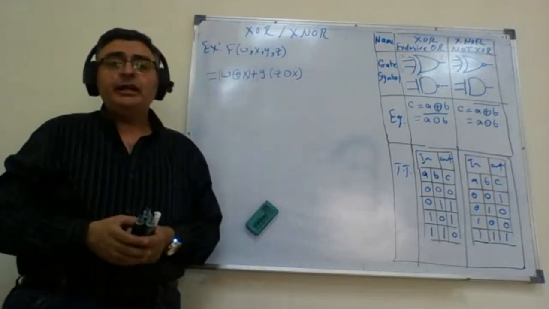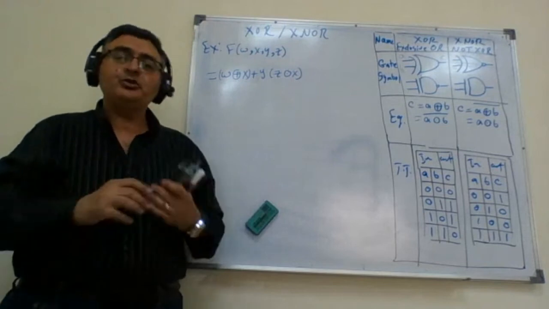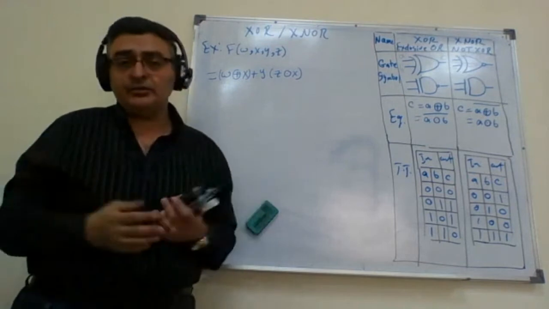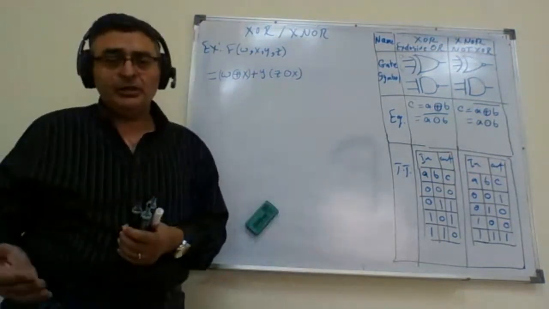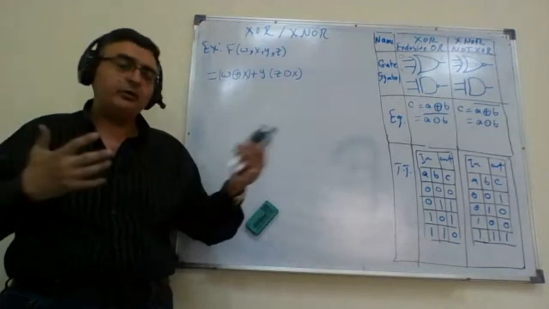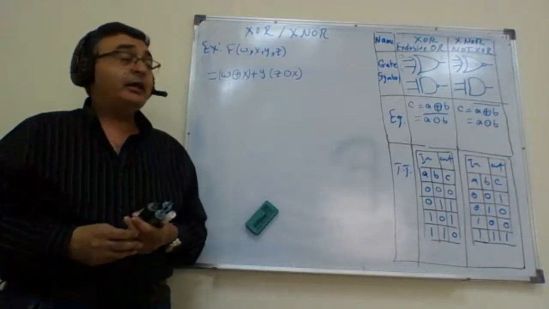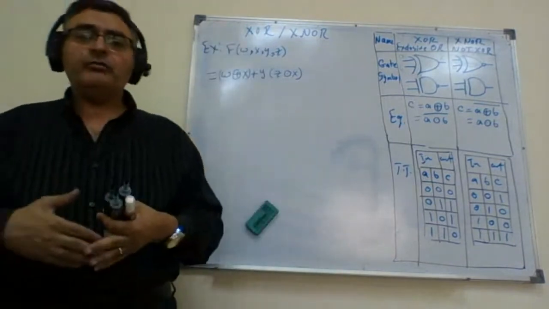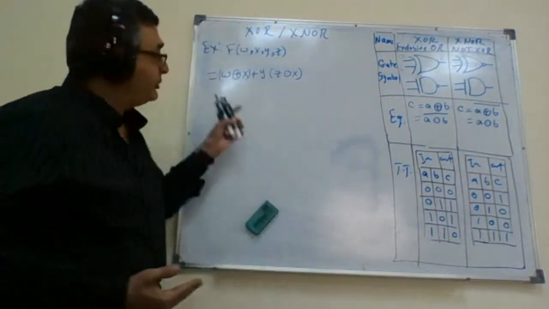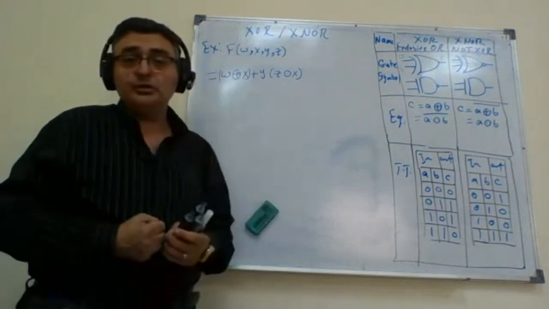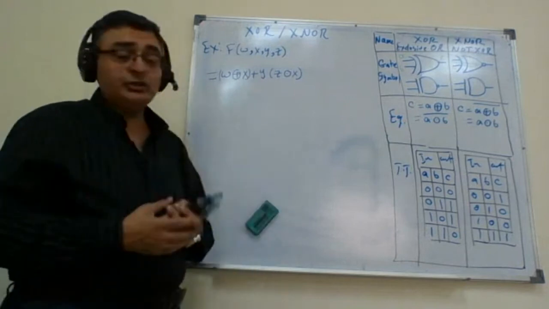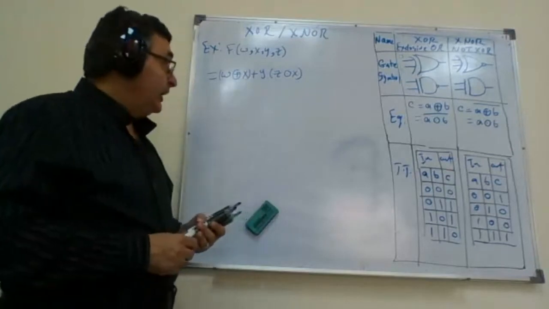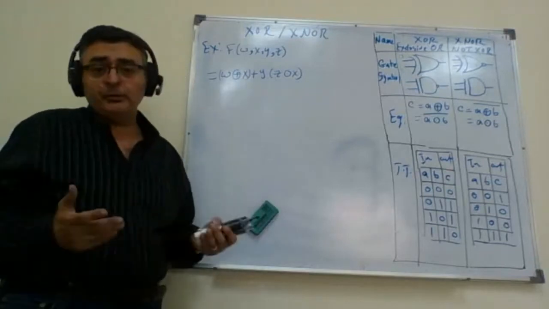Assuming that the question needs me to simplify using a K-map, or wants me to put this in one of the standards, SOP or POS, SOM or POM, any of the canonical standards. Can I do any of my work in Boolean algebra, or any of the minimization on the equation, while it contains those logic gates or those symbols? The answer is no, because I cannot use the properties.